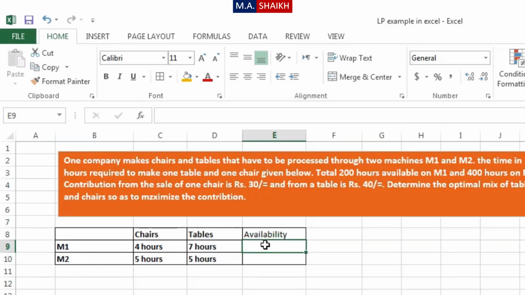So on M1, 200 hours are available, and 400 hours on M2.